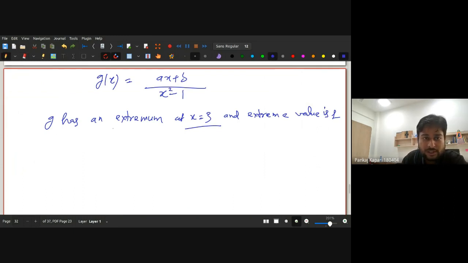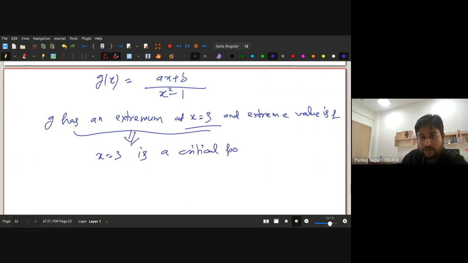This statement just implies that x equal to 3 is a critical point. If x equal to 3 is a critical point, that means the derivative must be 0 at that point. That means the derivative at 3 will become 0.